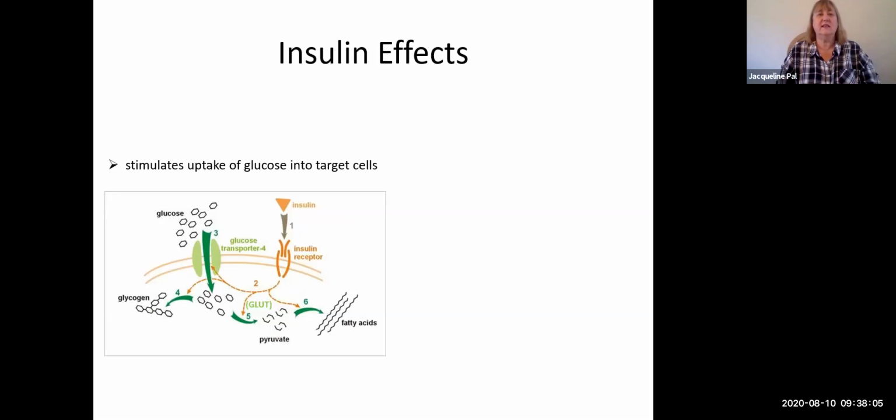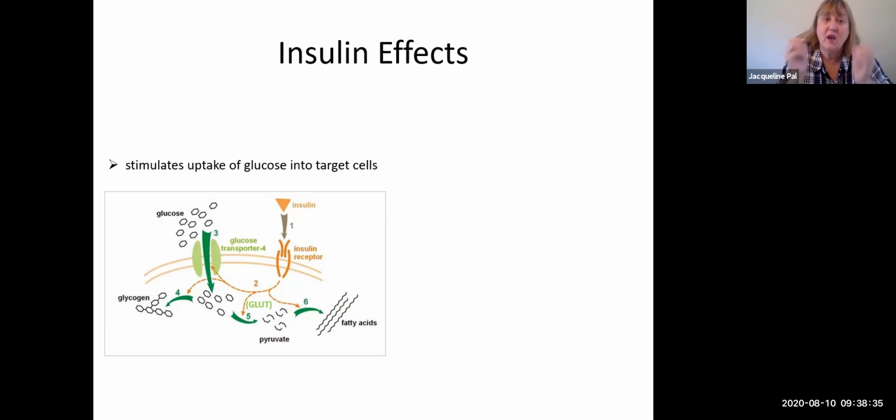So what does insulin do? Well, it's kind of like a key that when it goes in its slot, opens the door next door. Insulin has its receptor on certain target tissues, and we'll talk about what those are in less than a minute. And when insulin binds to its receptor, those cells have a transmembrane protein called a glucose transporter.